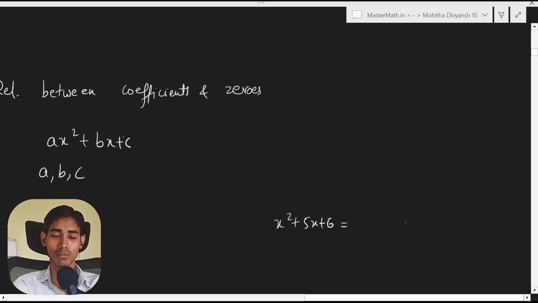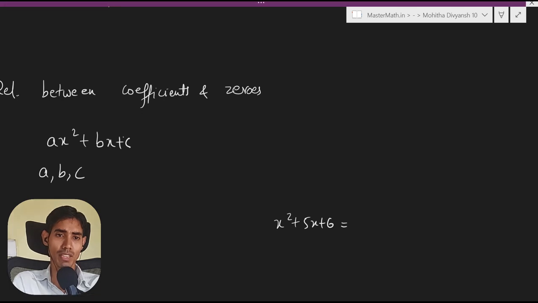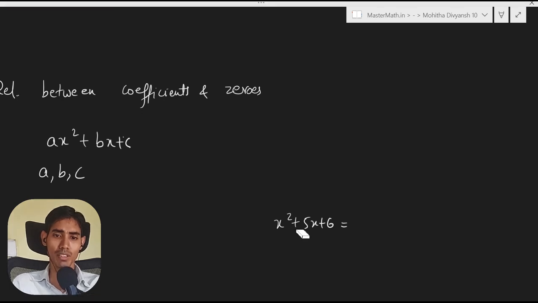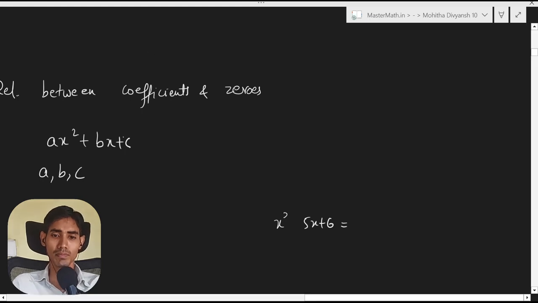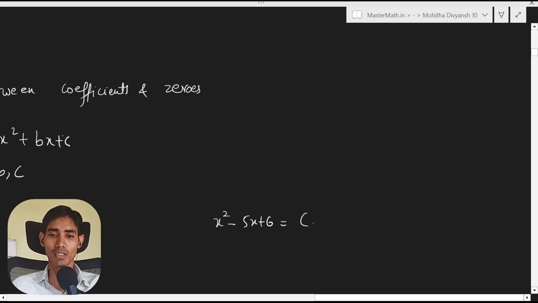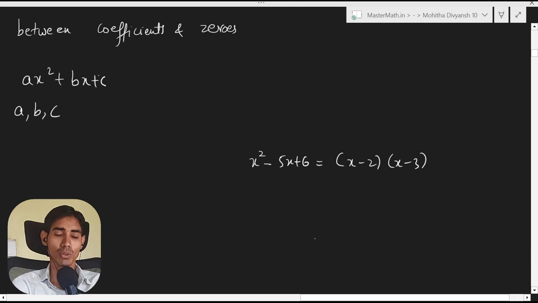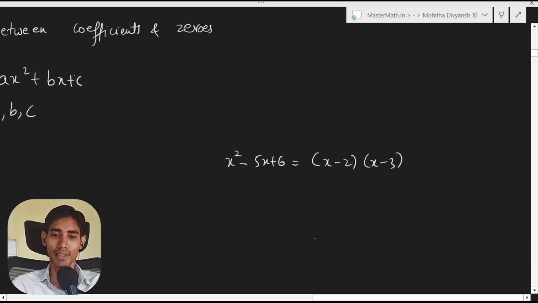Instead of plus 5x I will take minus 5x for a reason. So if I take this, we'll get the zeros as x minus 2, x minus 3. Is that visible? Yes, sir. Okay, good. So if you notice, we have the first zero as 2 and the second zero as positive 3. I mean positive 2 and positive 3.